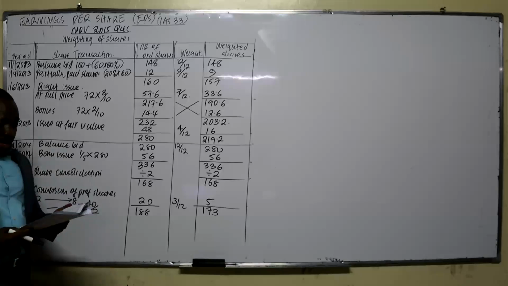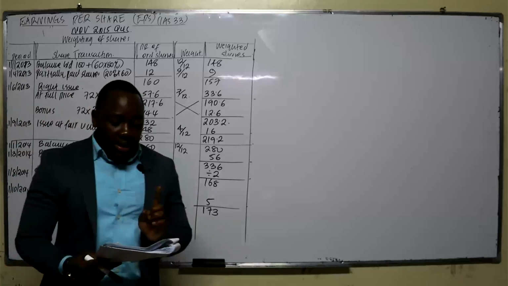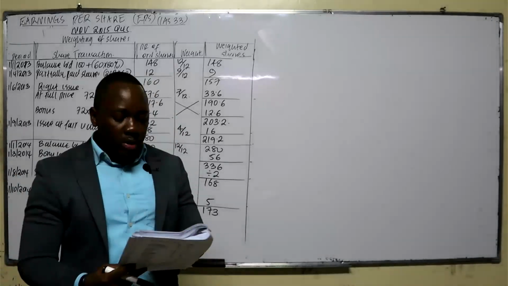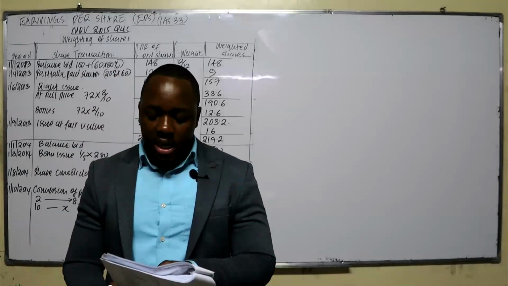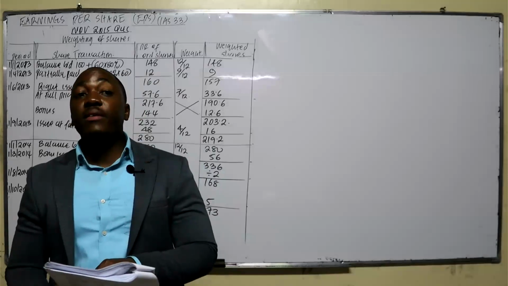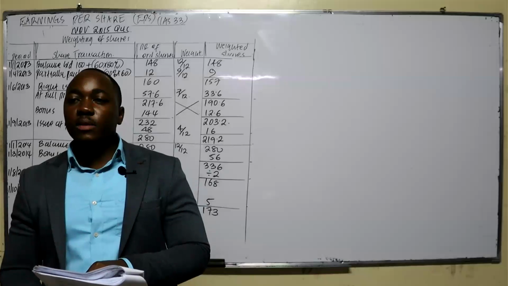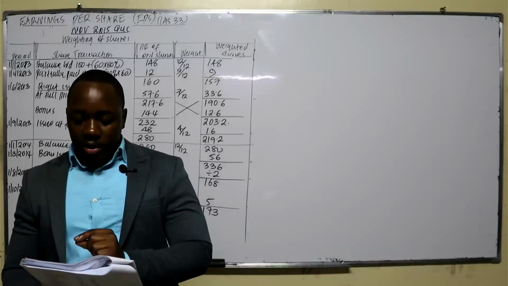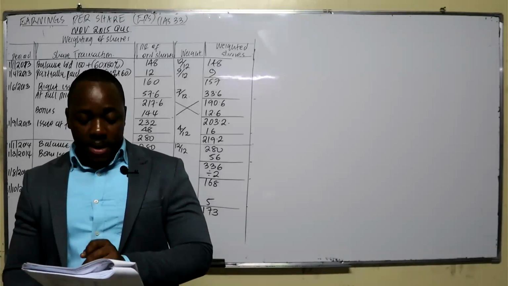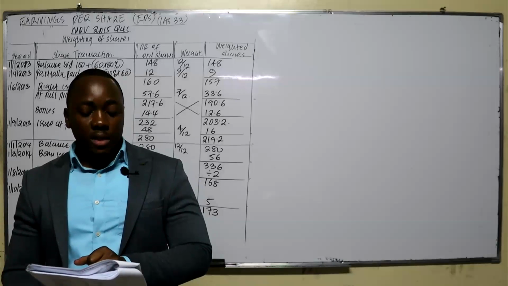Now let's read the question again. So the preference shares were convertible into 8 fully paid ordinary shares of, can you underline 5? Underline 5. For every 2 fully paid 10% preference shares of 20 each.